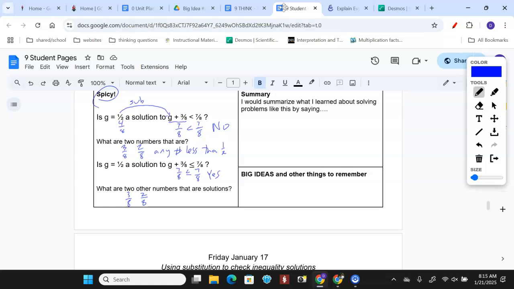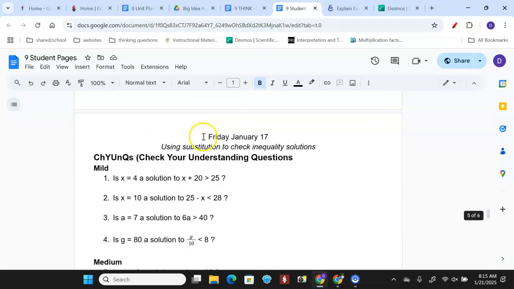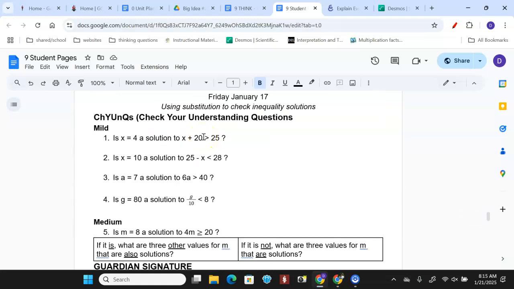Tomorrow, I'm going to ask you an even tougher version of these questions. We're going to take a step forward in developing, and I'm not just going to ask you to check solutions. I'm going to ask you to find solutions, just like we do with equations. Before we do that, I have check your understanding questions for you, and I need you to do those now.